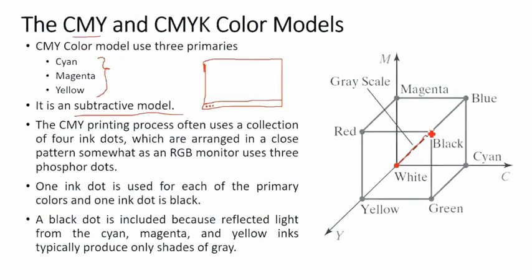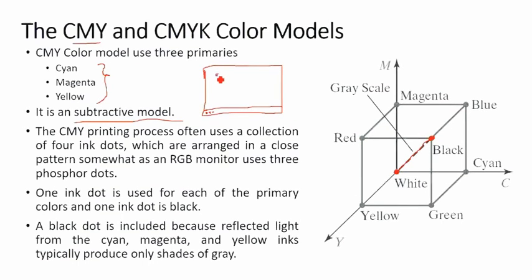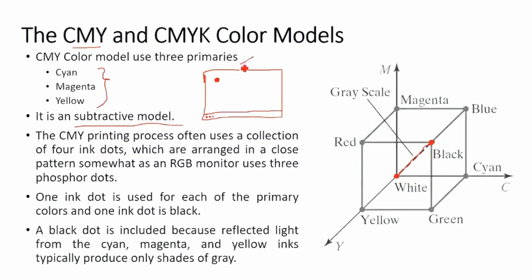Now you see, if you add cyan color to a place on a white paper, and let us say you want to see blue color, in that case, you add a cyan and magenta color component here.